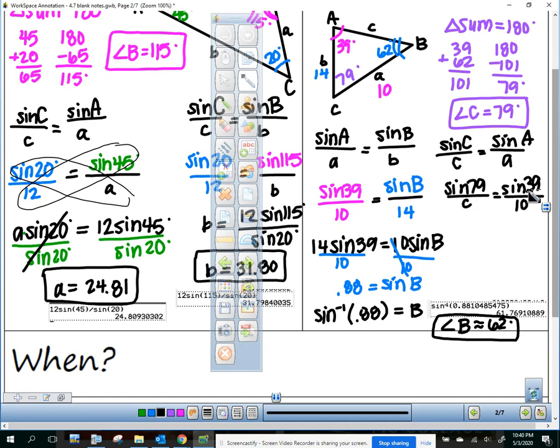So when I cross multiply, I'm going to end up dividing the sine of 39 over to isolate the C. So it's 10 sine of 79 divided by sine of 39. And when I enter that into my calculator, I'm just going to go ahead and tell you what it comes out to. To the 100th place would be 15.61.